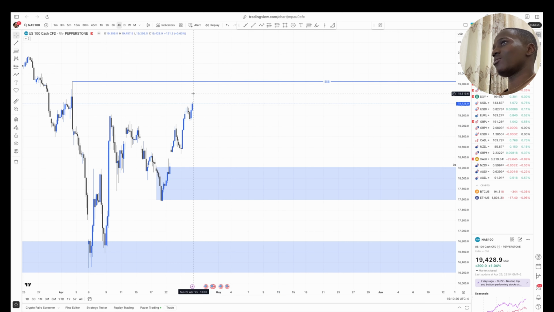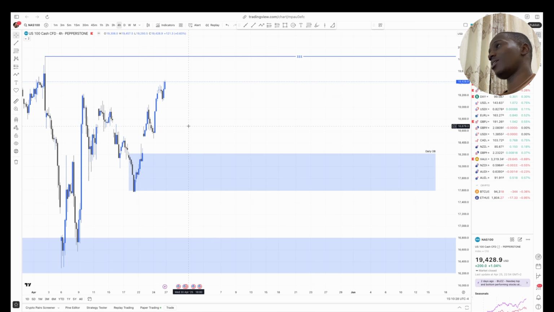And what happens on the NAS 100 applies on the S&P 500, because they go hand in hand. And when we see a slight change, we go off of that to declare an SMT and look for where the manipulation is and enter off of that, which is almost similar to the US30.